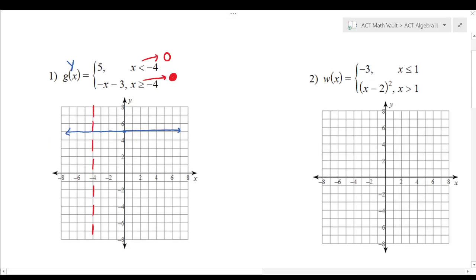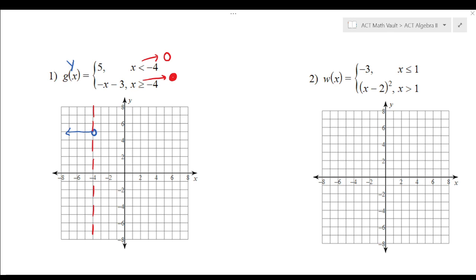Okay. So I then want to erase where I don't need this line. If it's only x is less than negative 4, I'm keeping the numbers less than and getting rid of all the ones that are greater than. Also, if it's not including the negative 4 because it's only less than, I need an open circle at the negative 4.